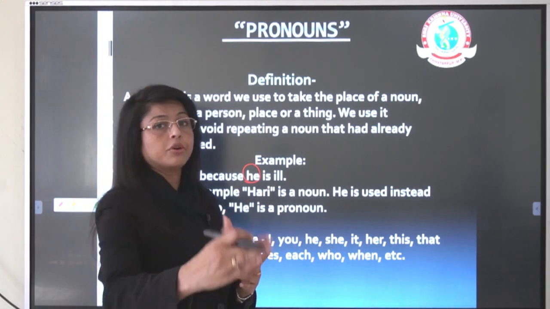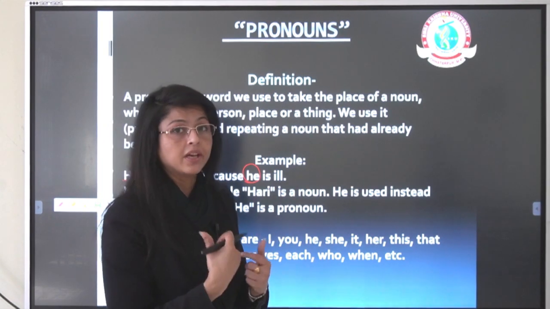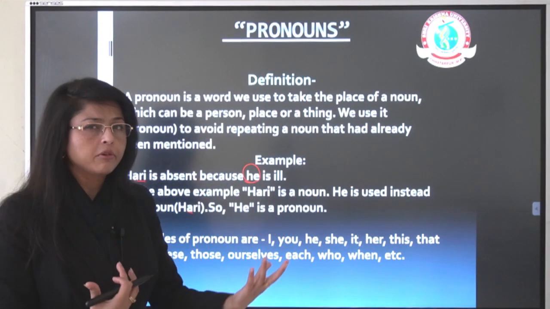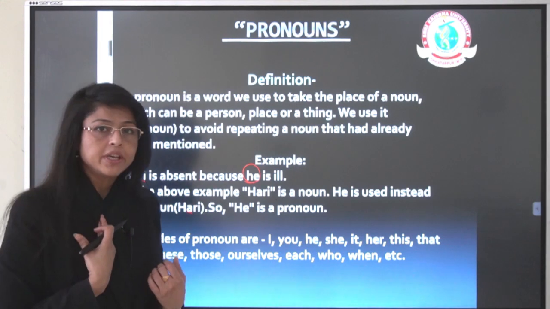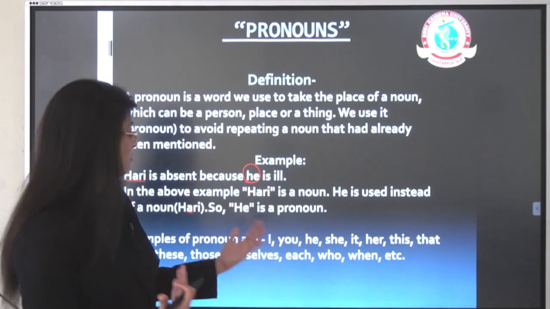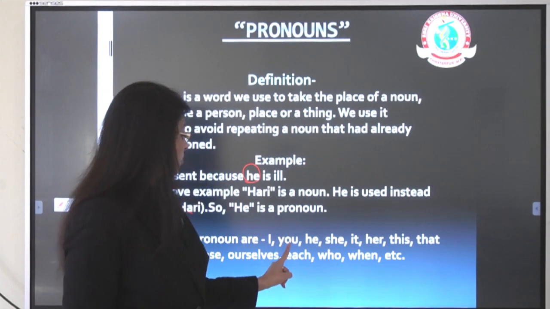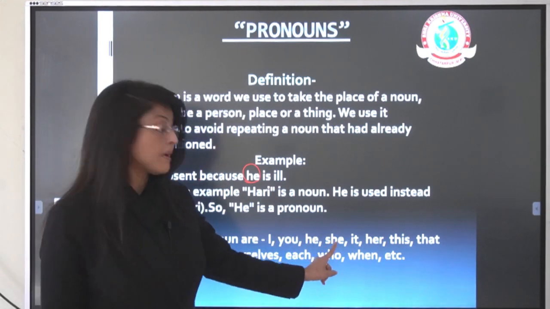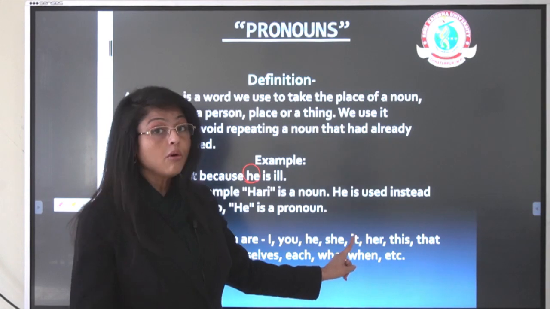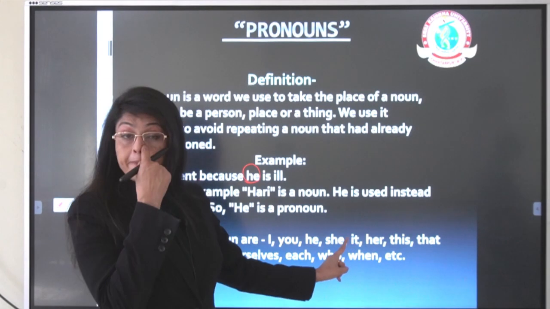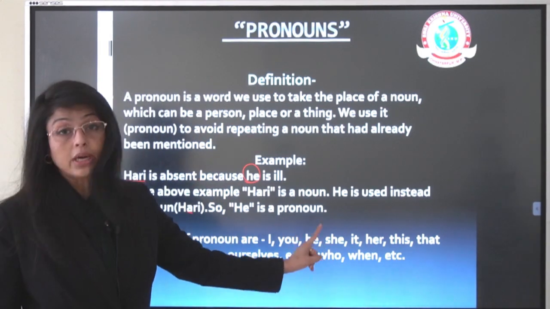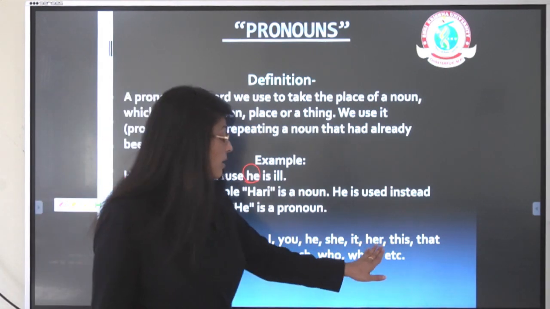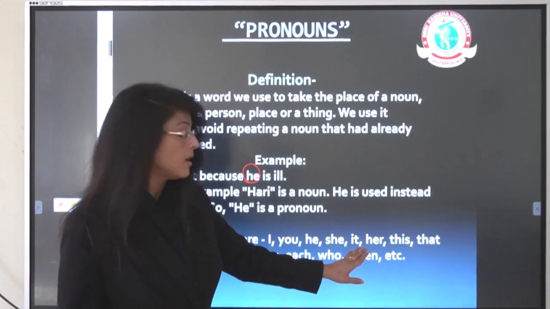Instead of repeating Ram over and over again, I say you. You can replace the noun with a pronoun. He, she: he is masculine, she is feminine. It is always used for non-living things. Her is again for the feminine gender.